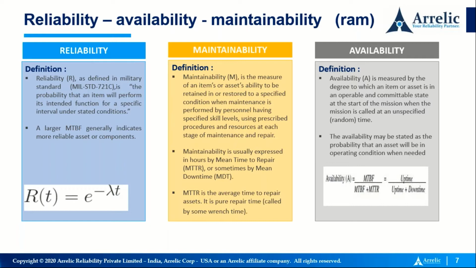In two ways, either MTBF divided by MTBF plus MTTR, also by calculating the uptime, dividing it by the total of uptime plus the downtime. Both ways give you the same answer in percentage.